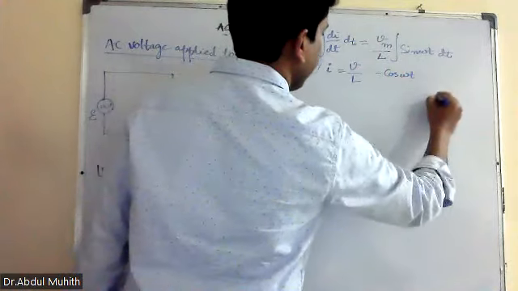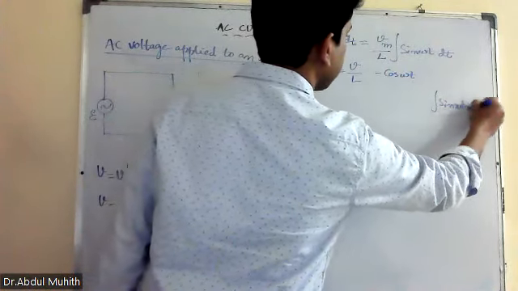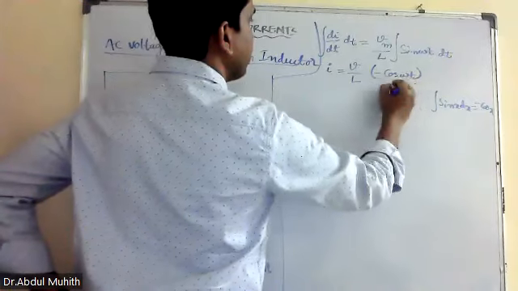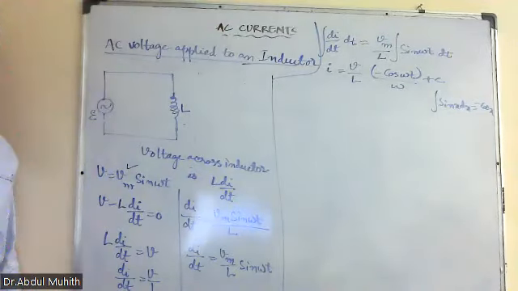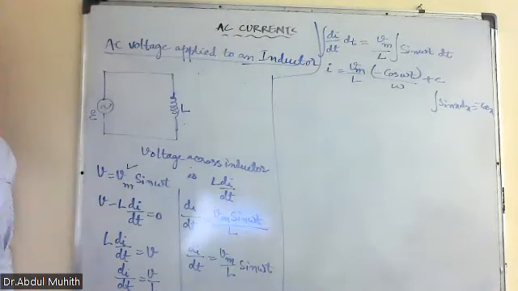See, the integration of sin x dx is minus cos x. Sin integration is minus cos. So minus cos omega t divided by omega, plus c. Is that clear? That should be divided by omega, because the derivative of omega t is omega.